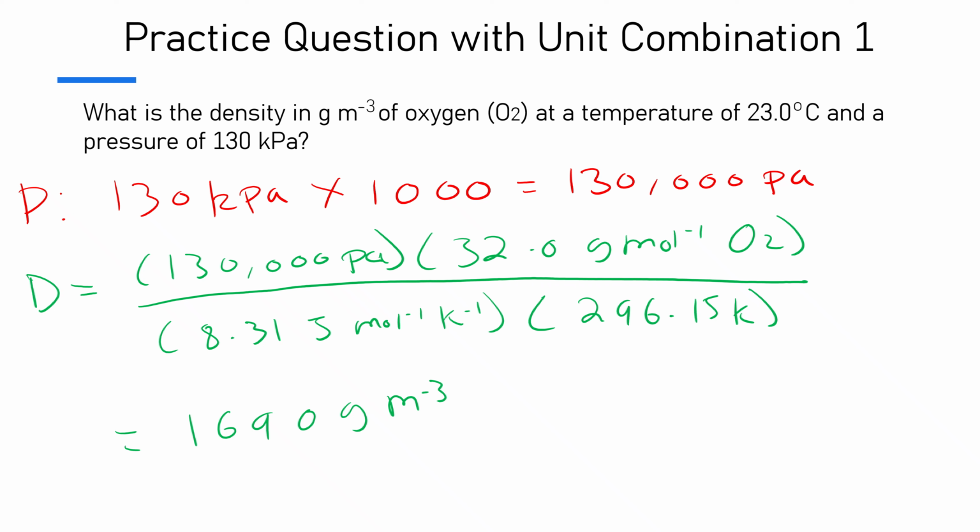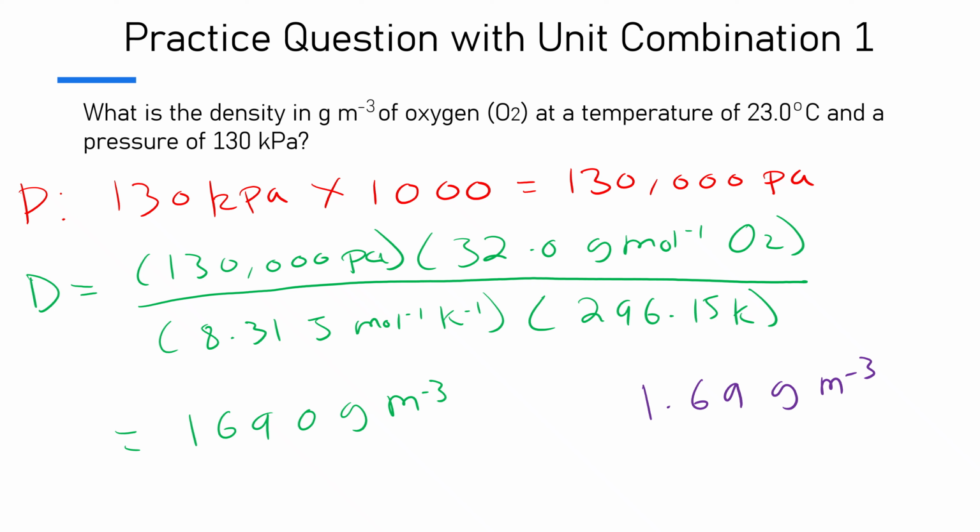Now the difference between this answer and our previous answer is vast. Just a quick reminder, our previous answer with kilopascals for pressure was 1.69 grams per cubic meter for the density of oxygen under these conditions. 1,690 grams per cubic meter is not really a realistic answer for the density of a gas.